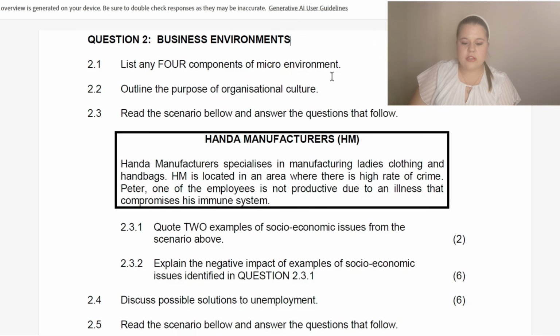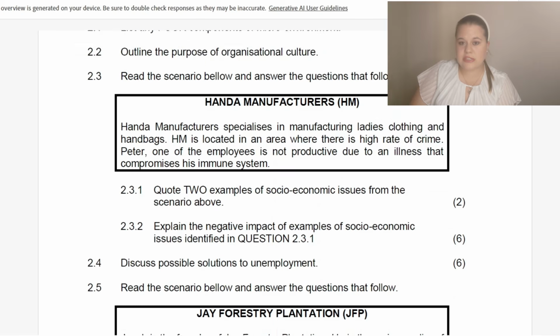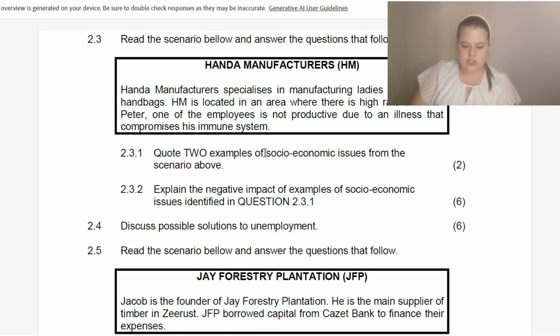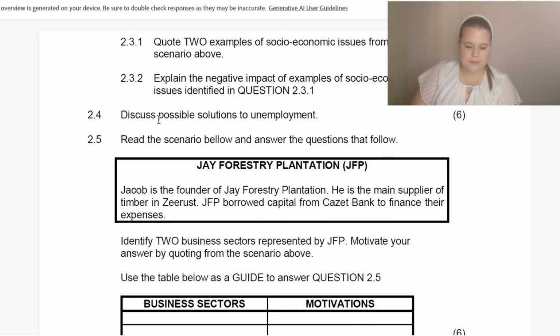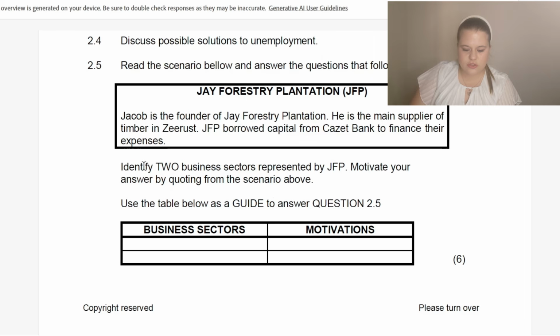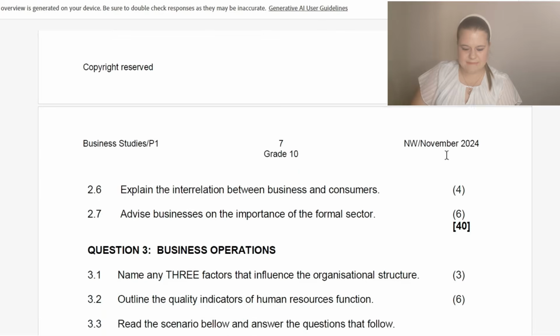List any 4 components of the microenvironment. Outline the purpose of organizational culture. Here's a scenario on socio-economic issues. It's on the business environment side. Discuss possible solutions to unemployment and socio-economic issues. Identify 2 business sectors.